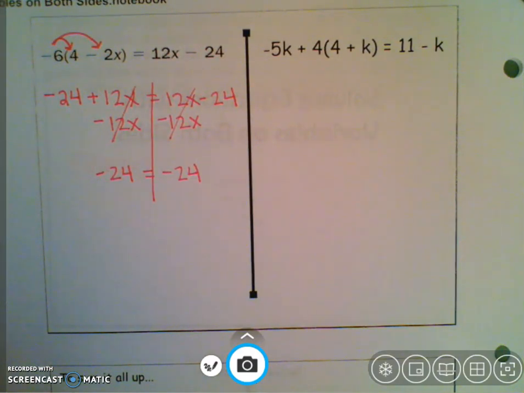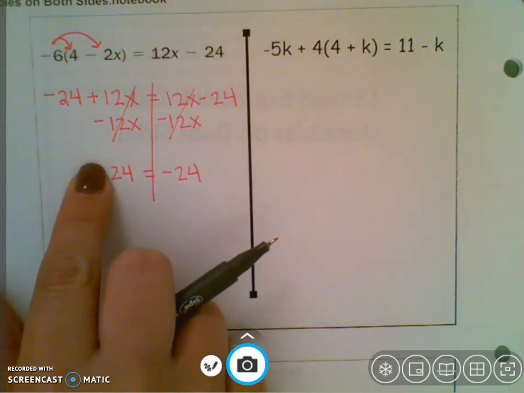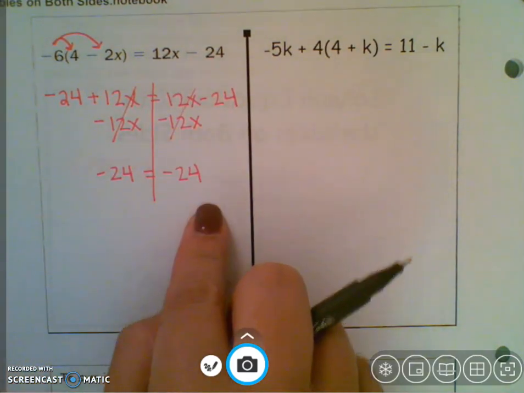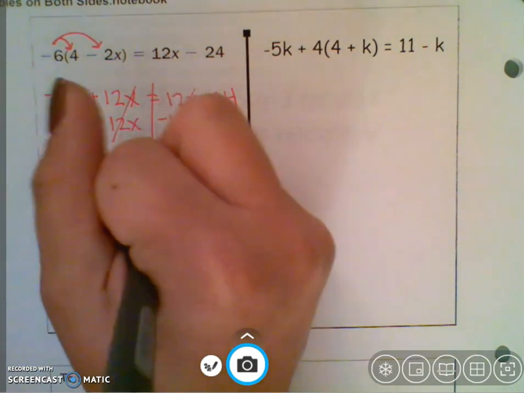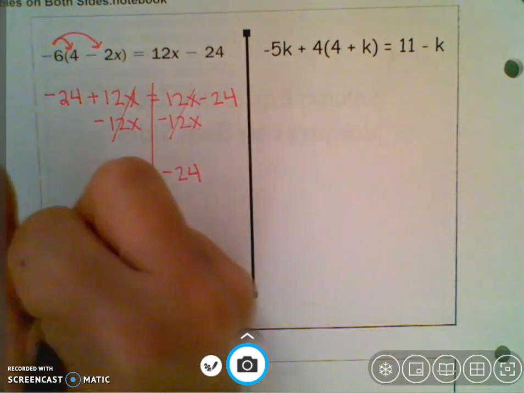Previously, when we did this, it was like a 24 equals -24. And if they're not the same, it was no real solution. But now they are the same. So because this is a true statement, it's going to be infinite solutions.